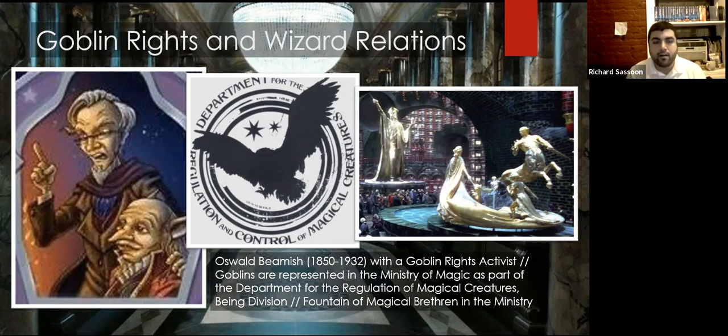He set up, because first you have the regulation and control of magical creatures, and then below that, there are two divisions. There are the Beast Division and the Being Division. The Being Division concerns creatures of approximate human intelligence, and goblins were shifted into the Being Division.